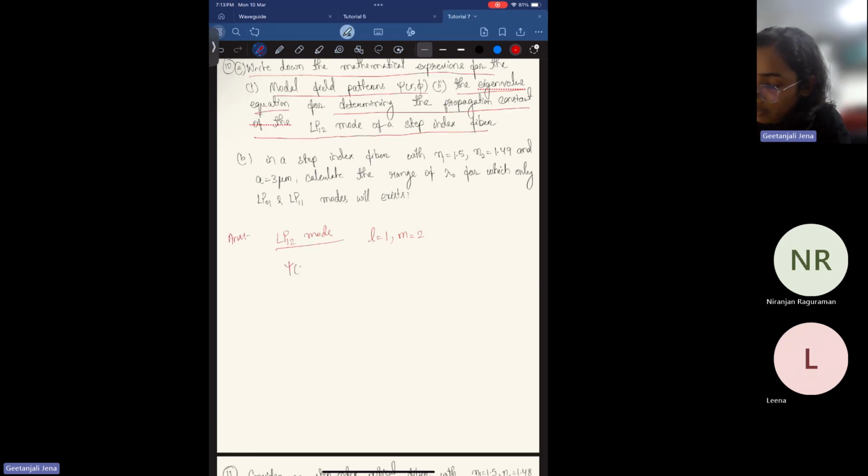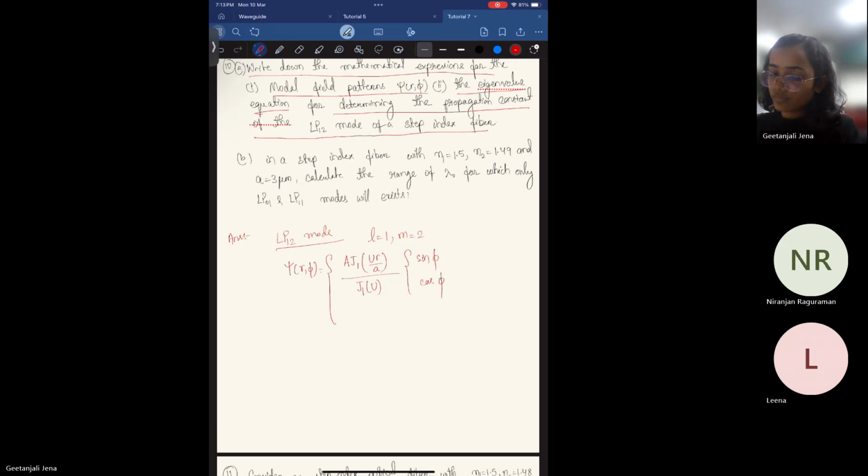Psi of r, phi should be A J_L, which is J1 (UR by A) over J1(U), times the double degeneracy, sin L phi with L equal to 1, so sin phi and cos phi, inside the core.